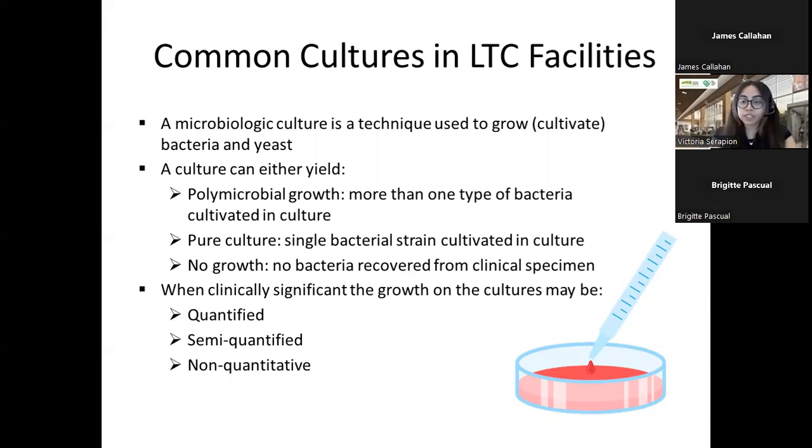Quantified could indicate, for example, 50,000 colony forming units in this urine culture, semi-quantified could say that there's heavy growth of group strep A, and non-quantitative could just mean positive or negative. These are just terms that explain the significant level of growth on the culture.